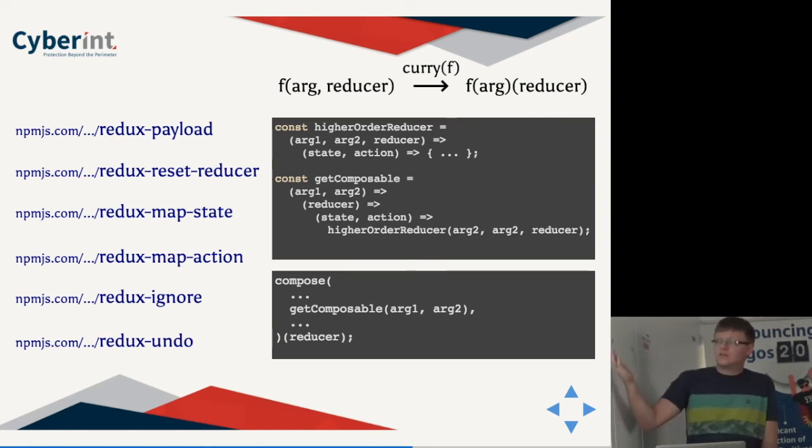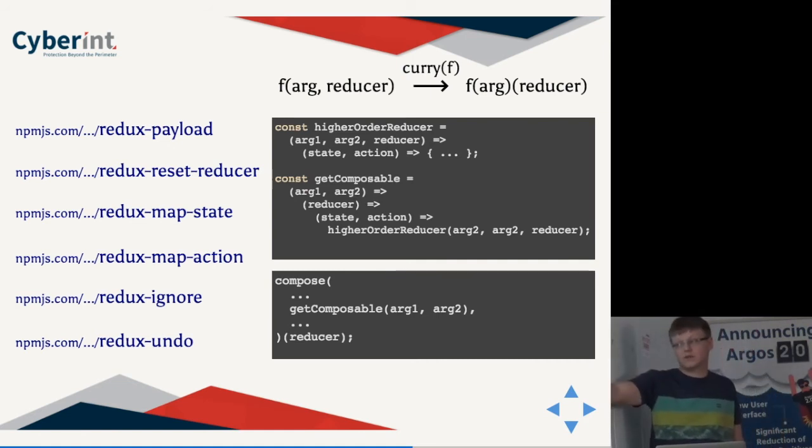And also, you can always wrap your reducer. So we have, for example, a high order reducer that accepts arguments 1, 2, and a reducer, and we want to make it composable. We can wrap it in a function which first accepts the arguments that are not the reducer, and then returns a function that accepts only the reducer. So we can use it in composition like that.